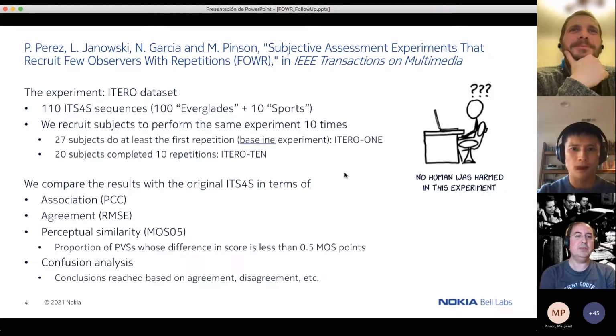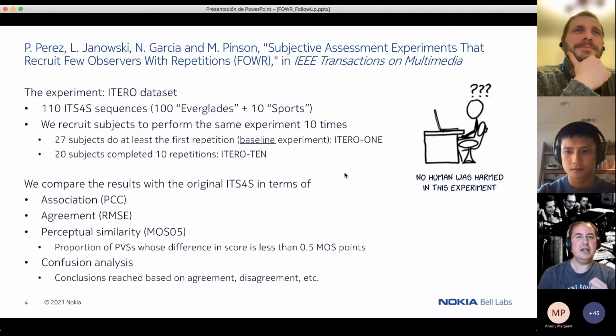So we built a dataset with a subset of the ITS4S sequences, the 100 Everglades sequences plus 10 from a different subset of the ITS4S sequences. And we recruited subjects to replicate this ITS4S experiment 10 times. We recruited 27, and 20 of them actually completed the 10 repetitions.